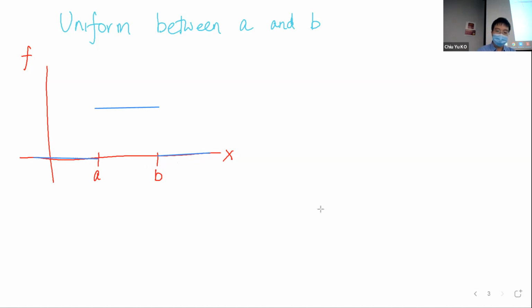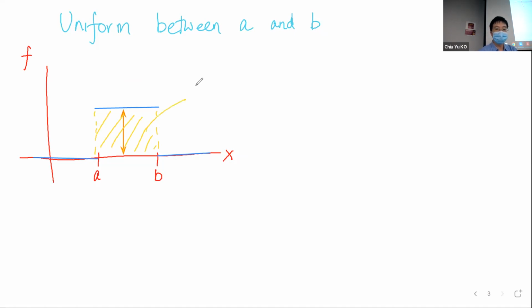The key thing we want to know is how tall this is. The first thing you remember is this area. Remember we said the total area under the curve of f must be 1, right?